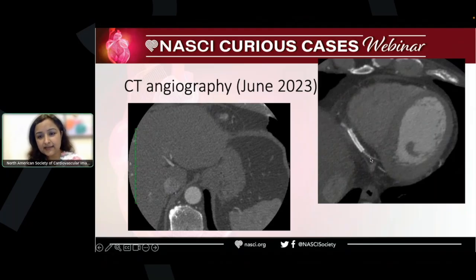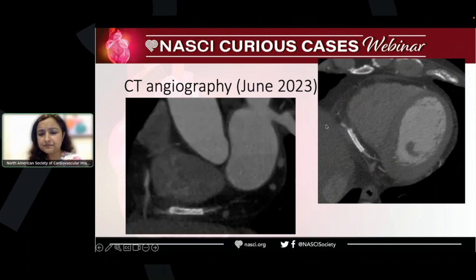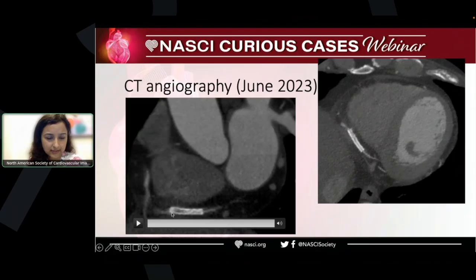The distal vessel was also unremarkable. There wasn't any significant stenosis here, but there was up to 50% stenosis at the proximal edge of the stent. Now, this is another view, and this shows the hypodensity that I was talking about. It was less than 50% of the intraluminal area.